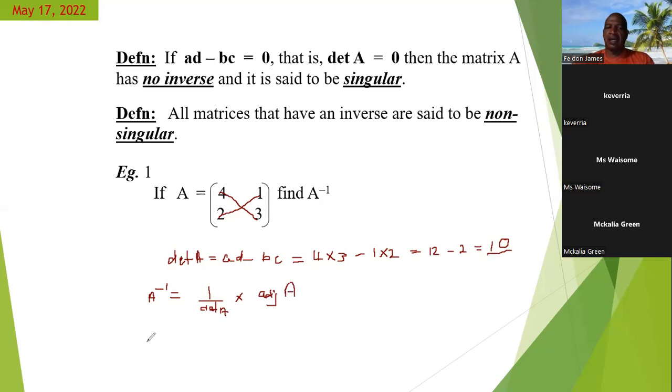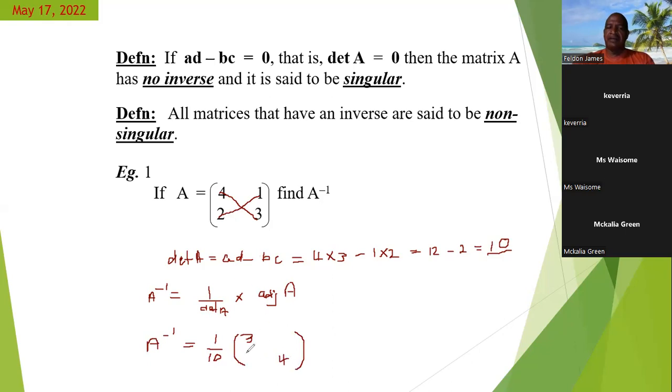All right, so A inverse then would look something like this. 1 over 10, that's what we work out the determinant to be. And the adjoint of A, remember now, you learn how to find the adjoint of A. So you interchange the diagonal elements, so you put 3 and then 4 along the diagonal.